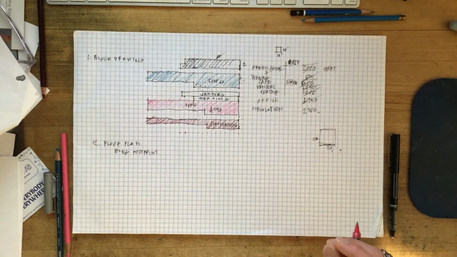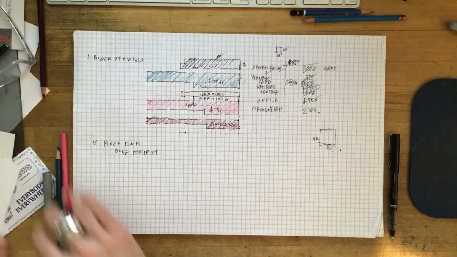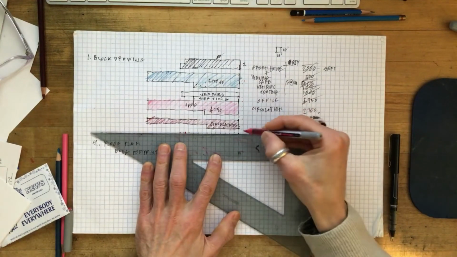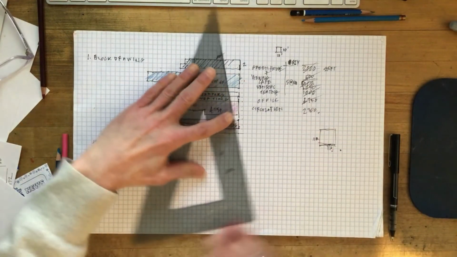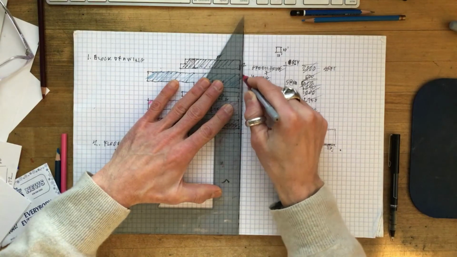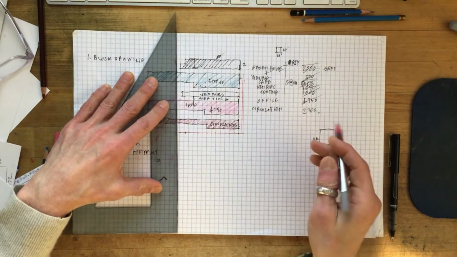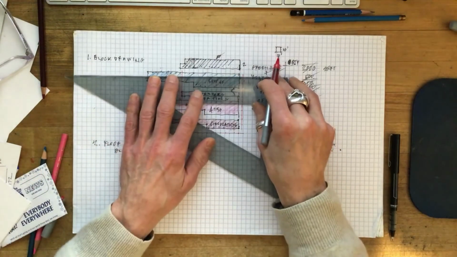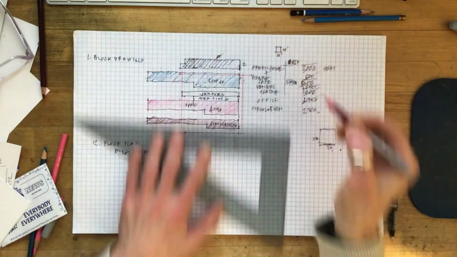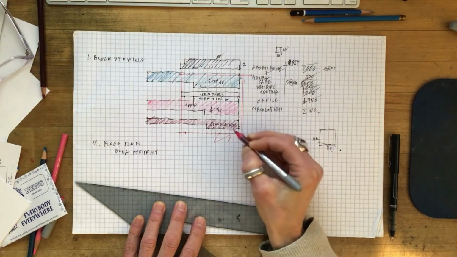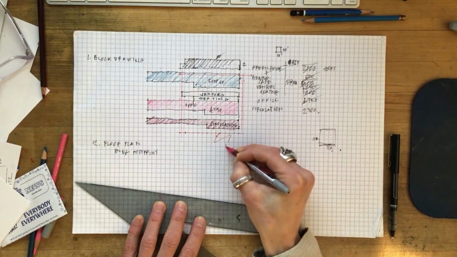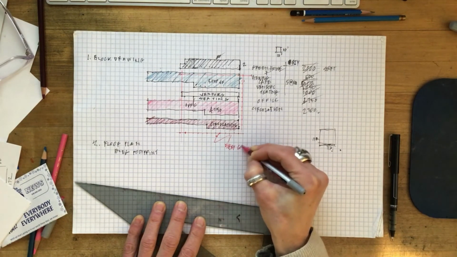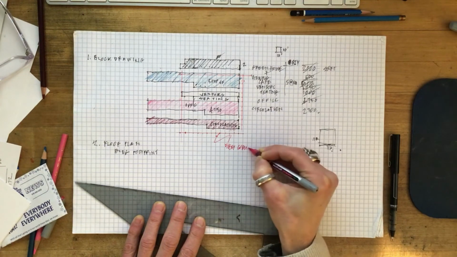So what I'm drawing is the footprint of the building, 585 Commercial.